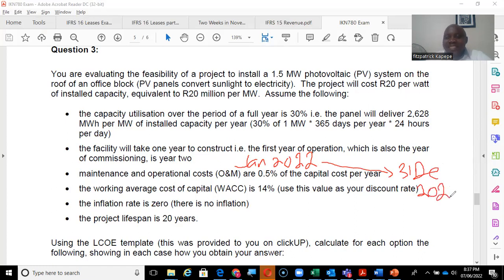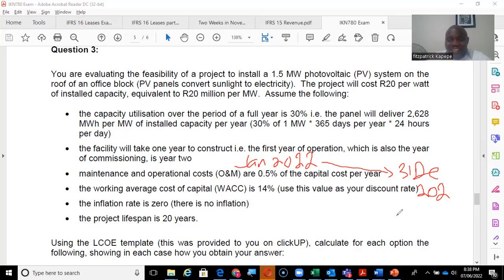So in which year are you going to have full production? Isn't it 2023? Starting from 2023.